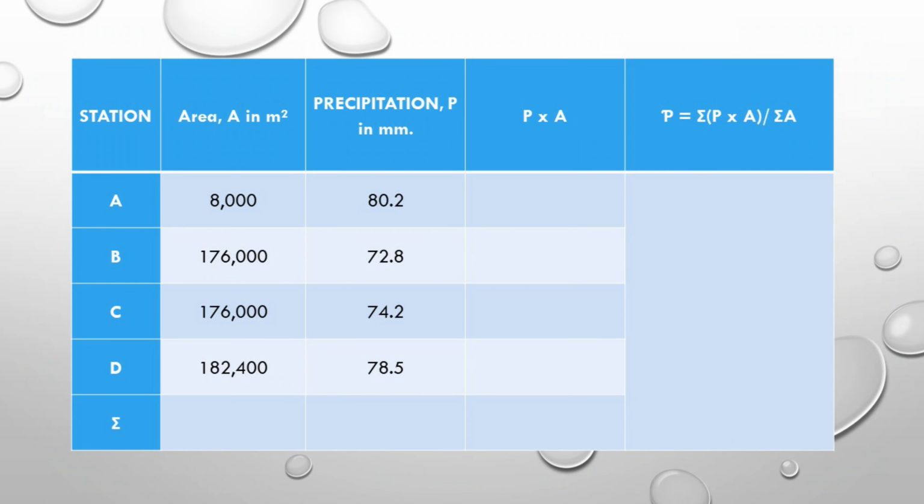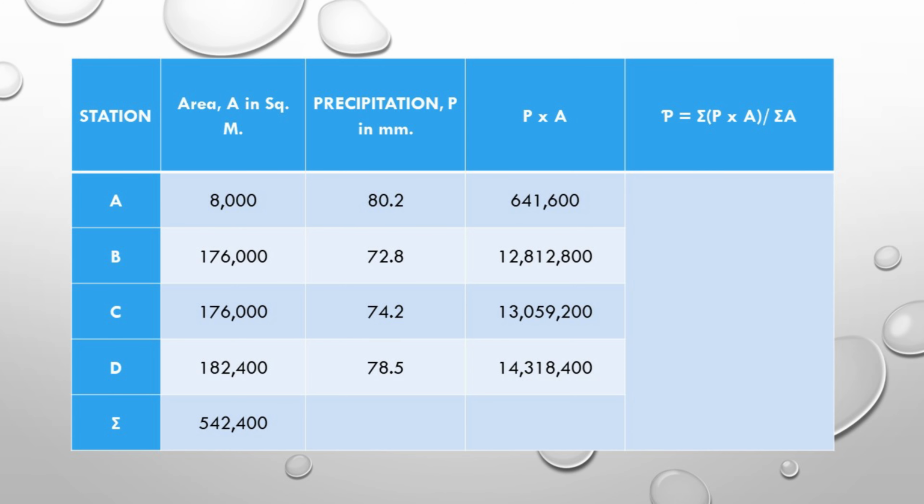After computing the area for each station, multiply it by the amount of precipitation. Then compute the summation of precipitation multiplied by the area. And then proceed with the formula. The result is 75.28 millimeters.